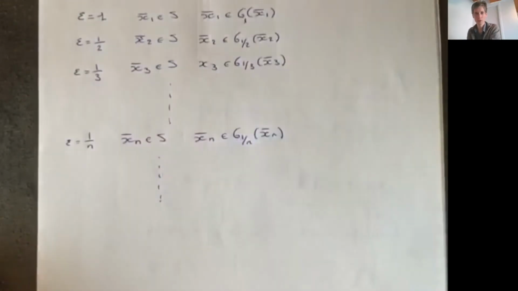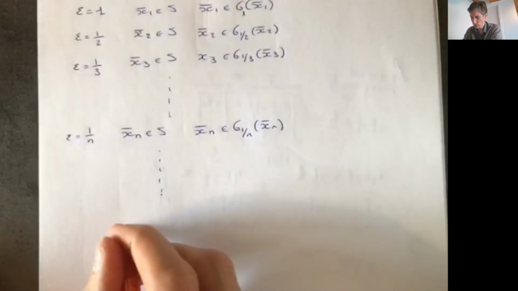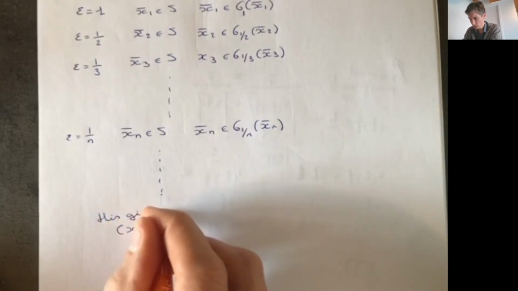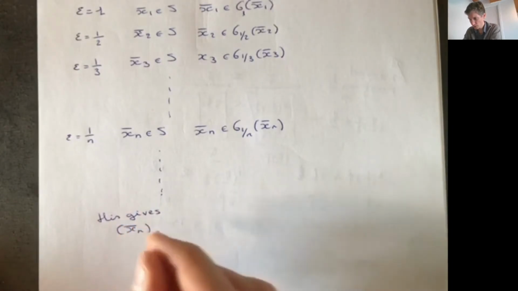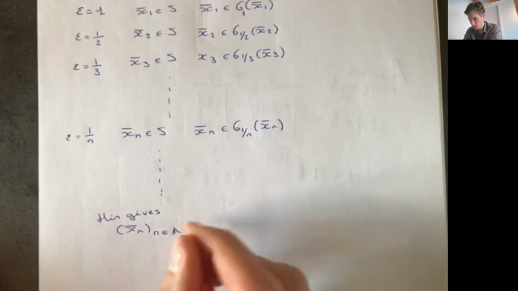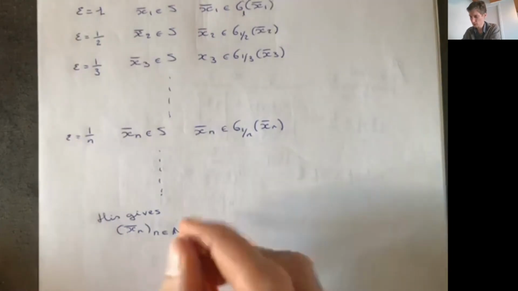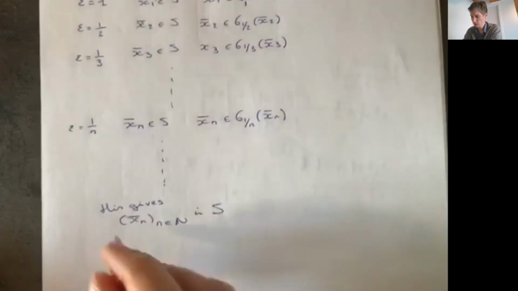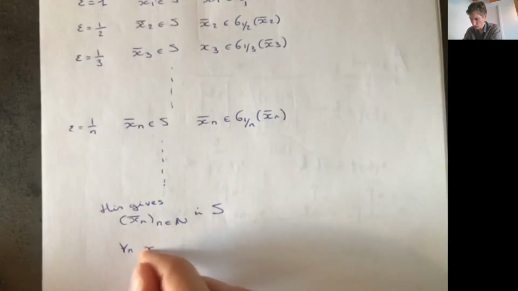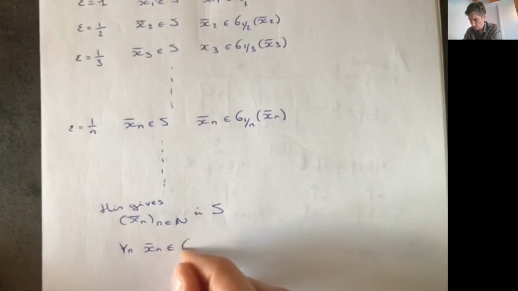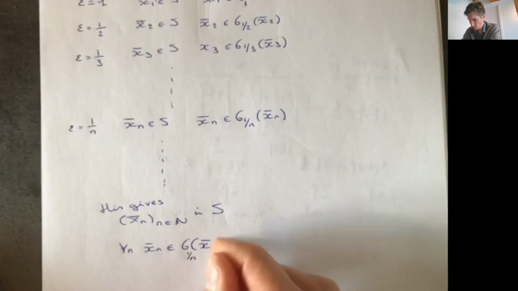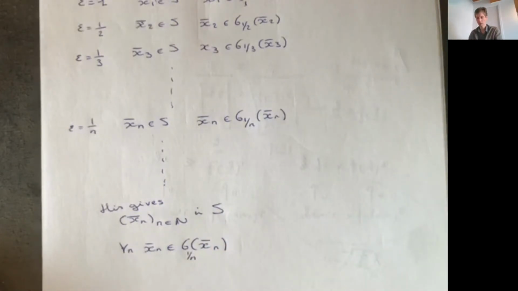I can keep doing this indefinitely long, and in the end, what this gives me is a sequence of xn's in the domain, everyone in S, such that for all n, xn is in G 1 over n of xn.